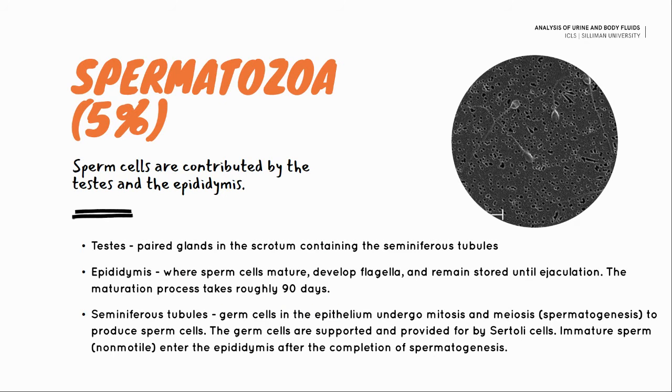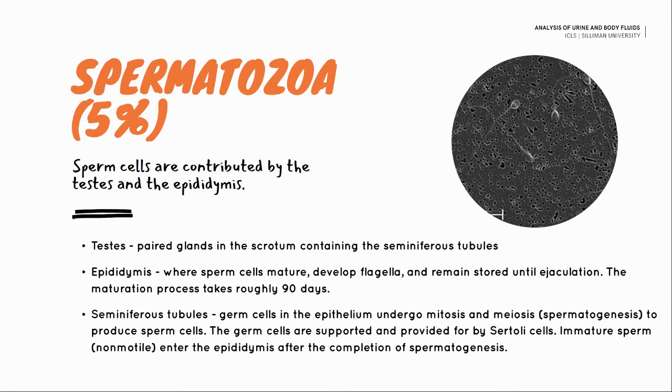Now, let's proceed to spermatozoa. These are what males produce. The sperm cells are contributed by the testis and the epididymis. The testis are paired glands in the scrotum and contain seminiferous tubules.